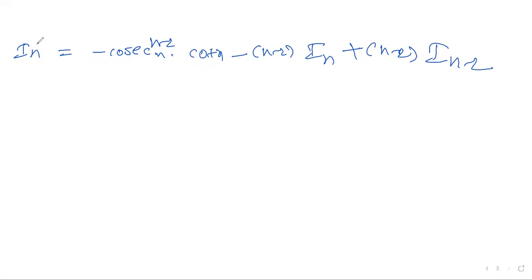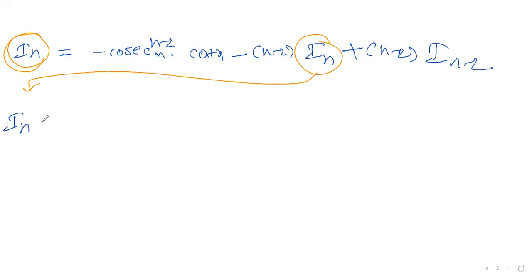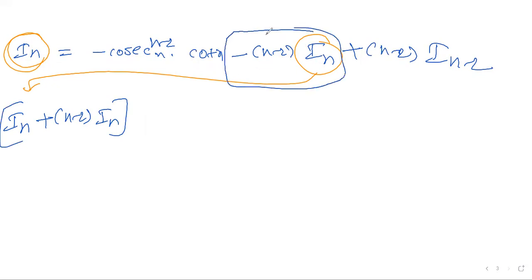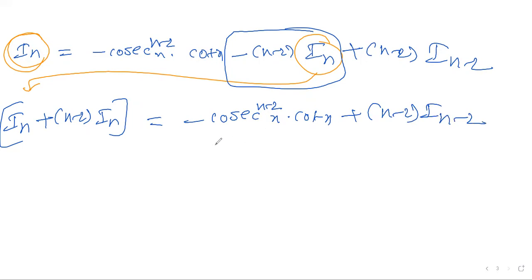Here we have In, and one more In on the right, so all such terms should go to the left side. This term should come to the left side, so automatically the entire thing goes: In plus n minus 2 into In on the left side, because this entire part should be shifted to the left. Next, what is the right side? Minus cosecant power n minus 2 x into cot x plus n minus 2 into In minus 2.